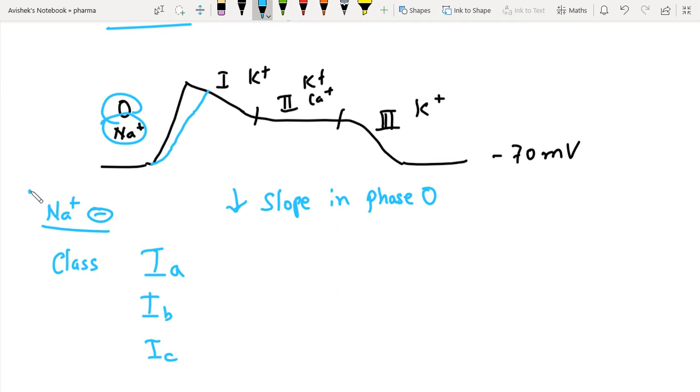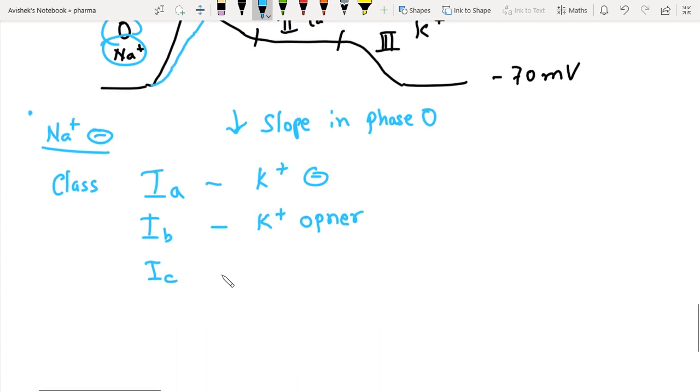This is the first property. Second property, class A, they are also potassium blockers. Class B is potassium openers. And class C, they don't have any effect, they are pure sodium blockers.